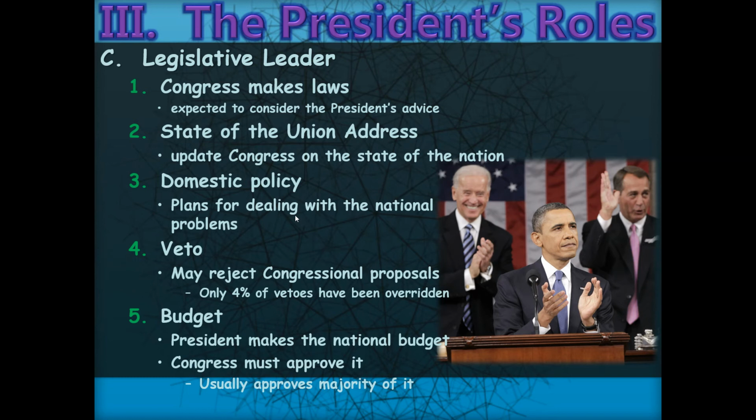There are usually going to be just little sticking points that Democrats want something or Republicans want something else. So if you have Congress and the president in different parties, you might have some issues with that. But for the most part, the big chunk of the budget is usually approved without any problems.